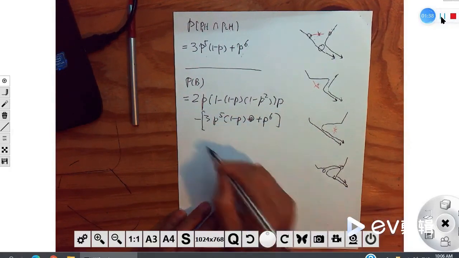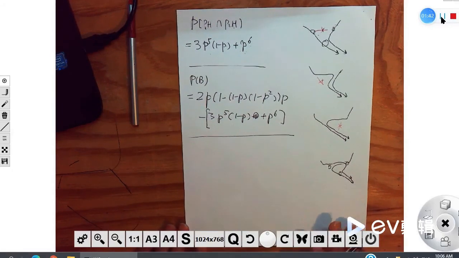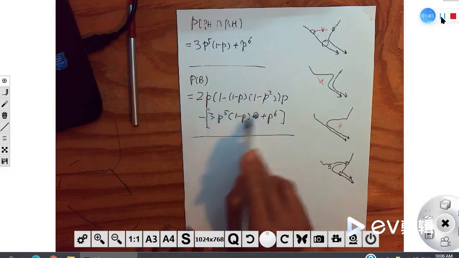So the final answer will be this one. At any time, if you want, you can simplify to see what it is.